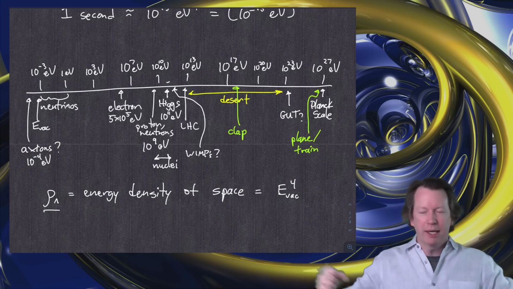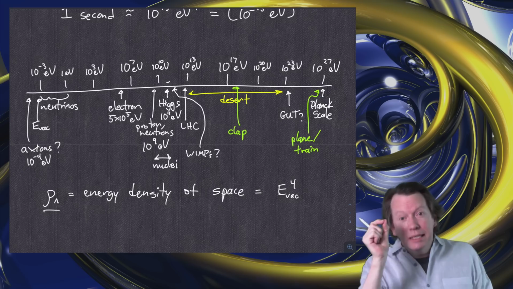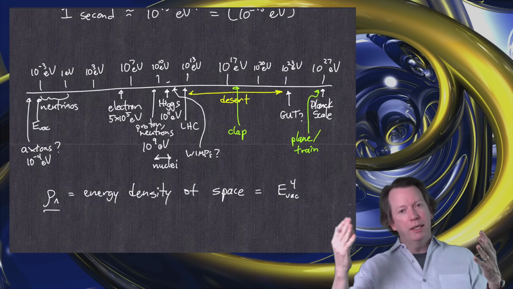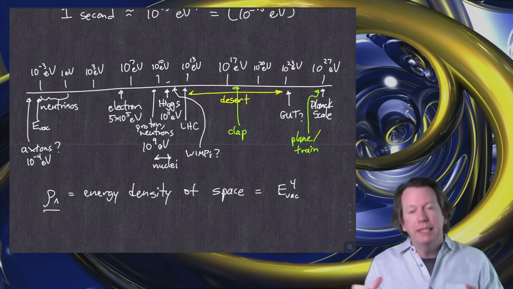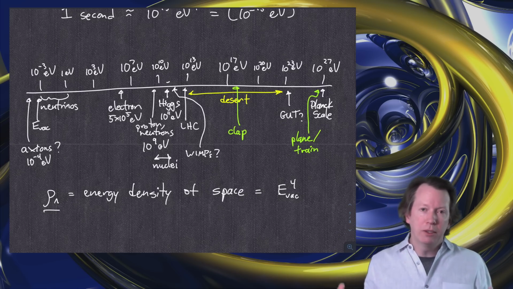Whatever is happening at the Planck scale, the first excited modes of superstrings would have energies near the Planck scale, and that would have, in a single particle, the energy of a moving freight train. Okay, so that's why it is so much energy. It's a lot of energy in one little tiny package. That's why it's hard to make.